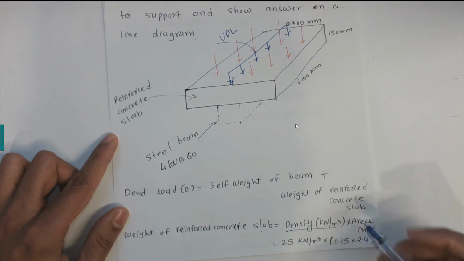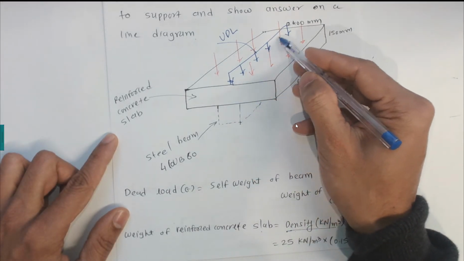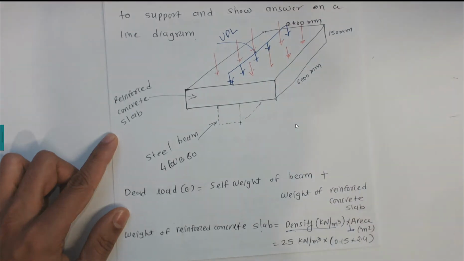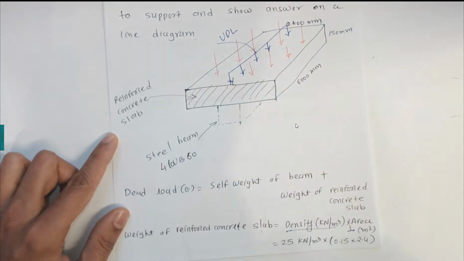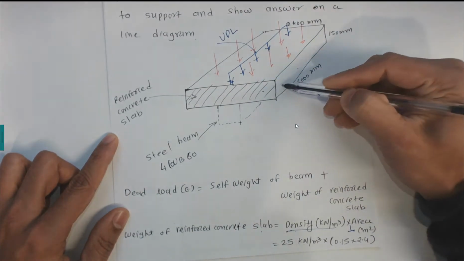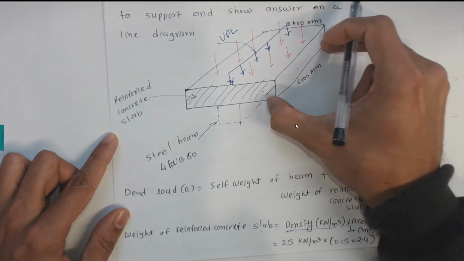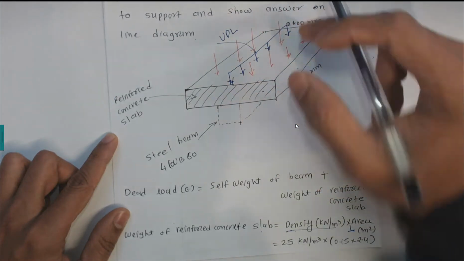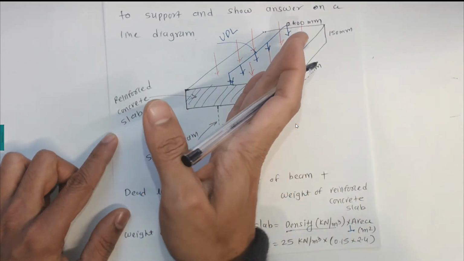Now this area is a perpendicular area, right? If we are interested in finding this UDL load, we are basically looking for this perpendicular area. Okay, we don't get confused between this area and this area. Look, this length or this area is parallel to the UDL load that we want to calculate, right? So we can't take this area, we need to take this area which is perpendicular to this one.